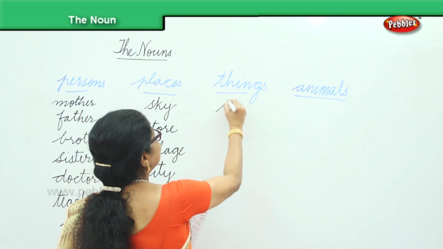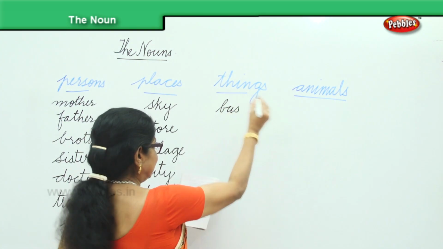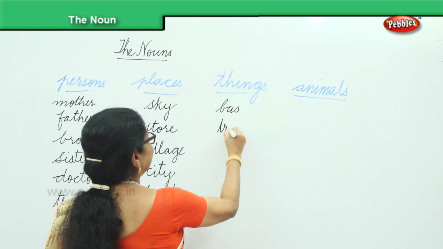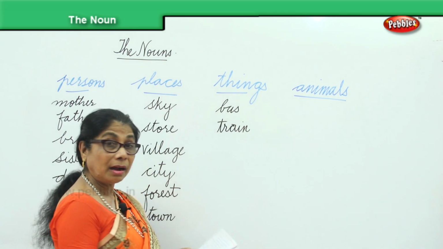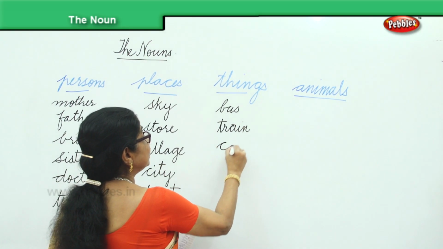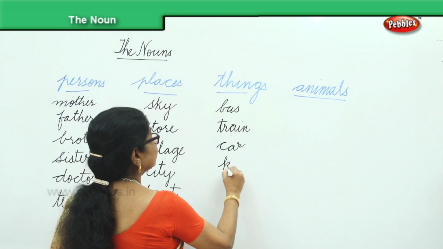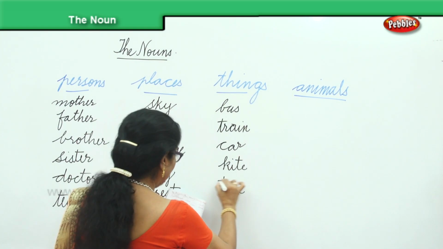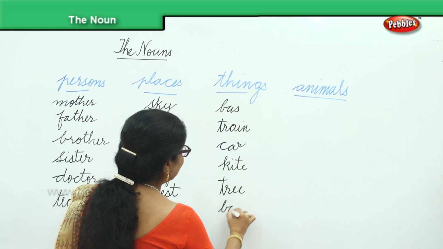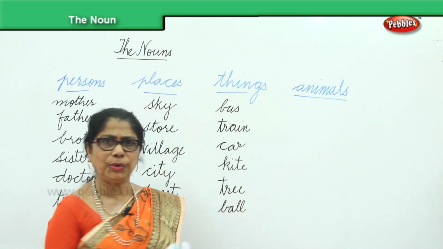Now let's look at some things. Now when you say things, it can be bus, train, car, kite, tree, ball, star, anything, whatever you can name.